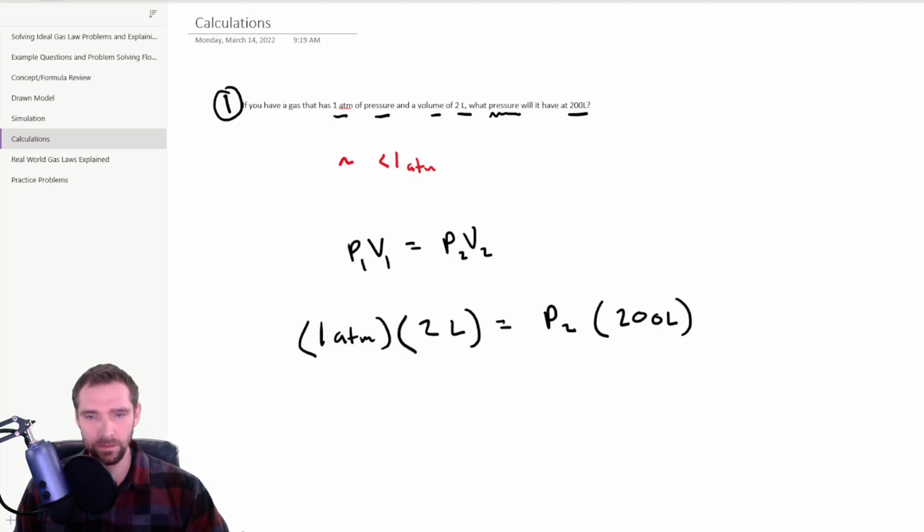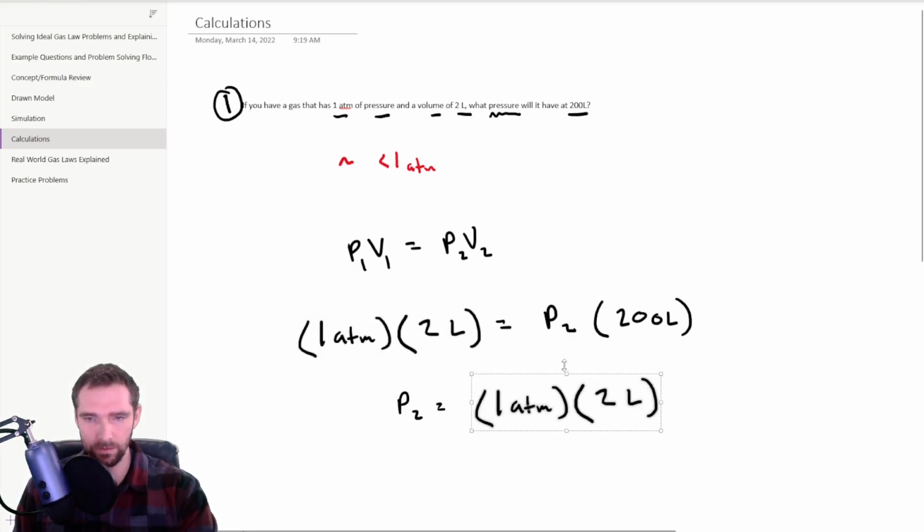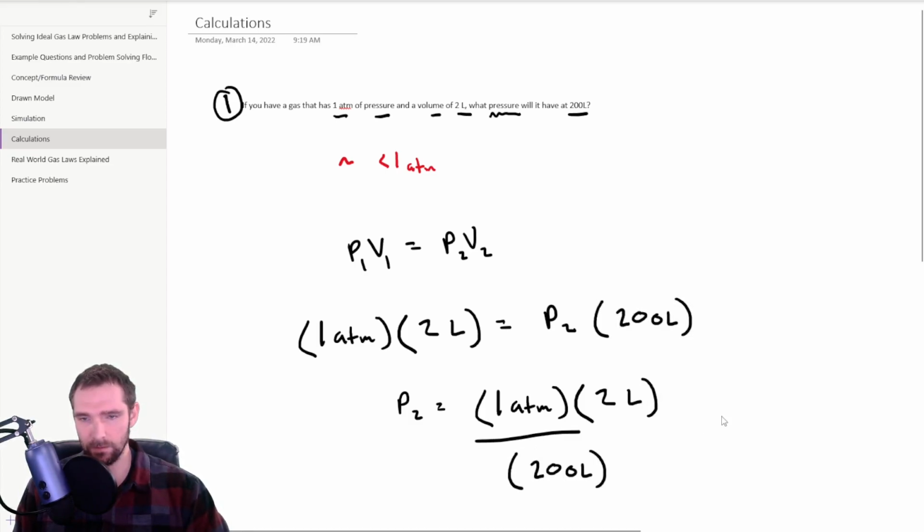Okay. So if we rearrange this, P2 is equal to that times that, all divided by this right here, because if we divide both sides by 200 liters, we get this.